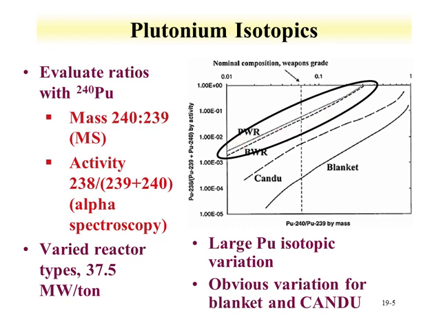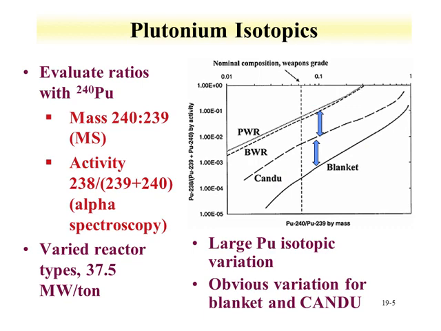However, it can be observed. And here's your nominal composition of weapons-grade plutonium. If you look at the plutonium-240 to 239 mass, over here would be weapons. Here would be more reactor conditions. But what is very evident is the differences between the light water reactor types and the heavy water reactor type, the CANDU, and then the differences further still between the reactor types and a blanket.